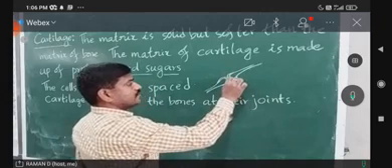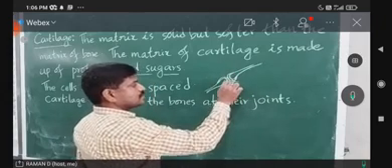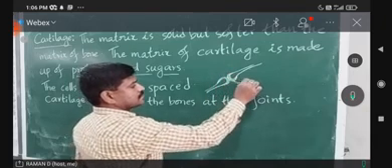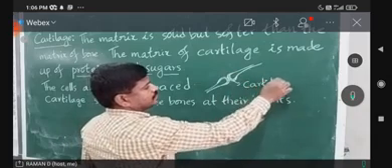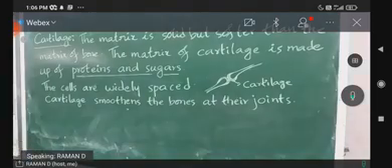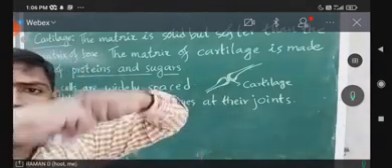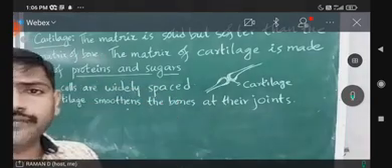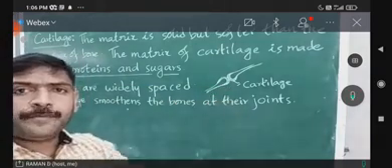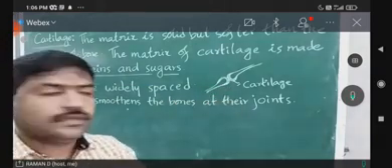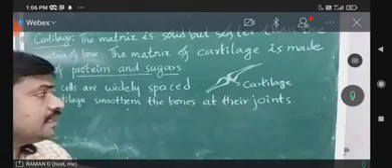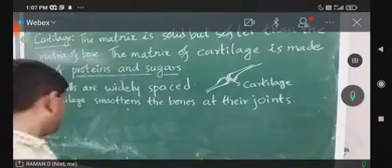When bones move, these ends rub each other. As cartilage is present, they rub with each other in a smooth manner. So that's how cartilage smoothens the bones at their joints, or at their ends.